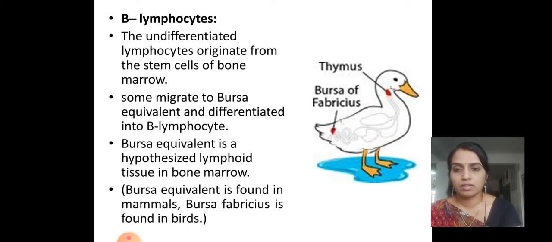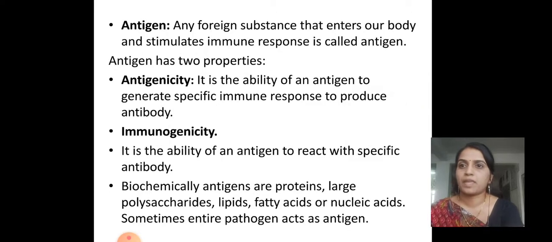So these undifferentiated cells will be formed in the bone marrow, and this Bursa equivalent is a hypothesized lymphoid tissue in the bone marrow itself, but a little away from the stem cells' position, and after reaching there they will develop into B lymphocyte cells. Bursa equivalent is found in mammals. Bursa of Fabricius is found in birds, having the same kind of function.